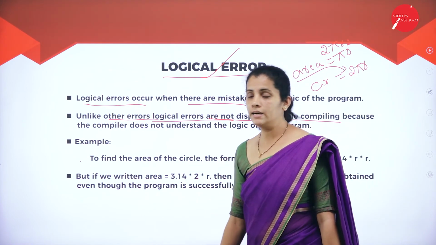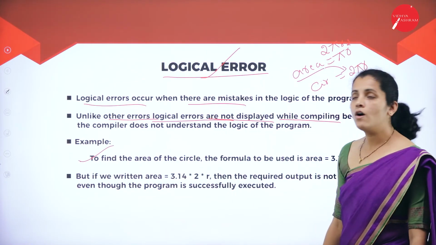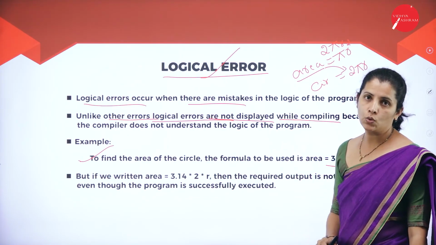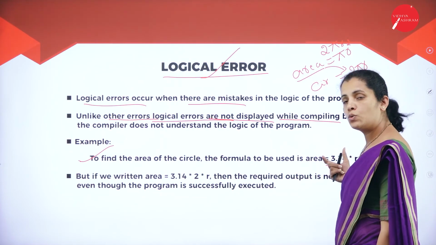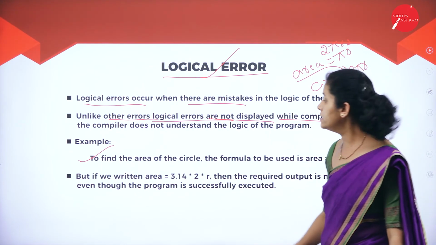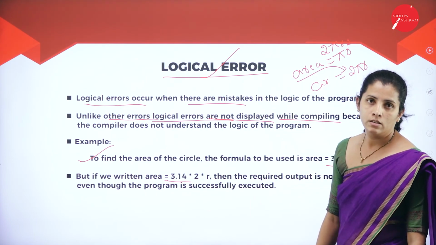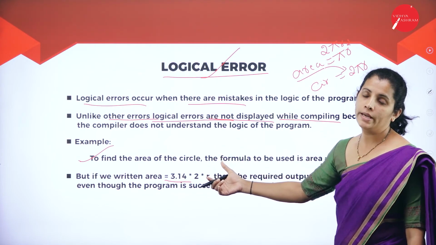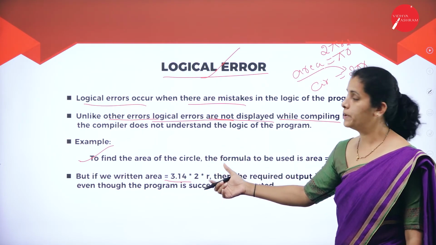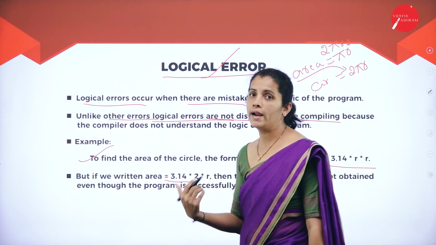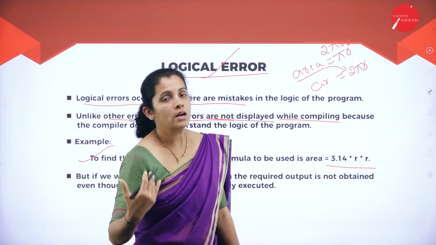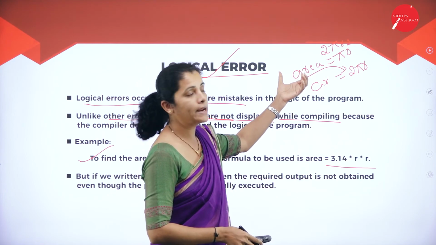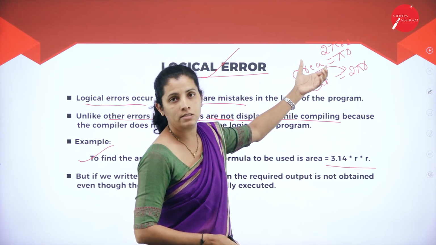So the example here is, to find the area of the circle, I'm going to have the formula, that is pi r square. Instead of writing pi r square, suppose if I have written 2 pi r, then whatever the output I'm going to get is the wrong output, because here the compiler does not provide any error, because the compiler does not know what is the formula used to find the area of a circle.